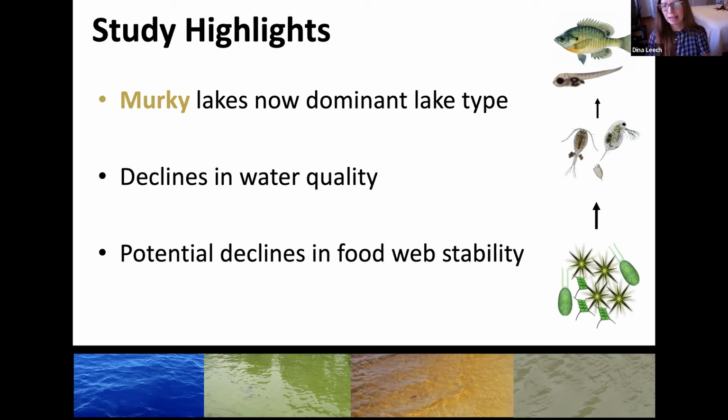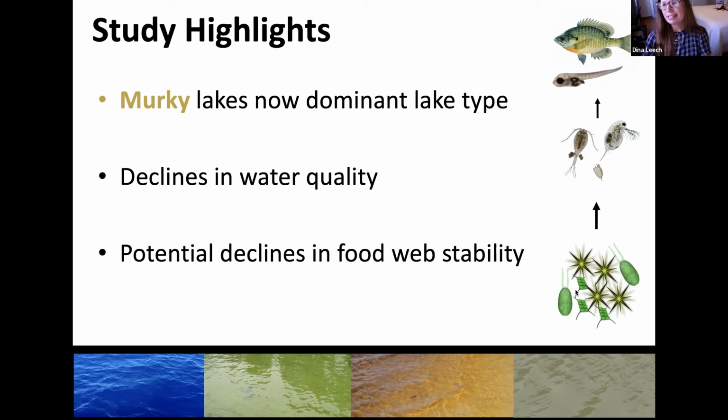And I don't have a lot of time to present some of the other work, but there are other indicators in the data set that suggest that as a lake shifts to a more murky status, this begins to destabilize the food web. So there's lots of algae at the base of the food web to move up the food chain and support these higher organisms.